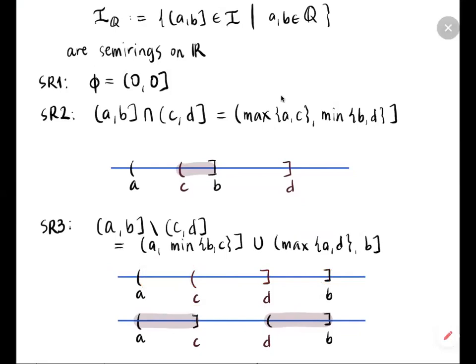And one can write this set difference in general as follows. So for the first interval, you take the left endpoint of the larger set, and then you take the smallest between B and C. In this illustration, the smallest is C. For the other interval, the right endpoint is the same as the right endpoint of the larger cell, and the left endpoint would be the maximum between A and D. In this case, the maximum is D. So D is larger than A in this figure.